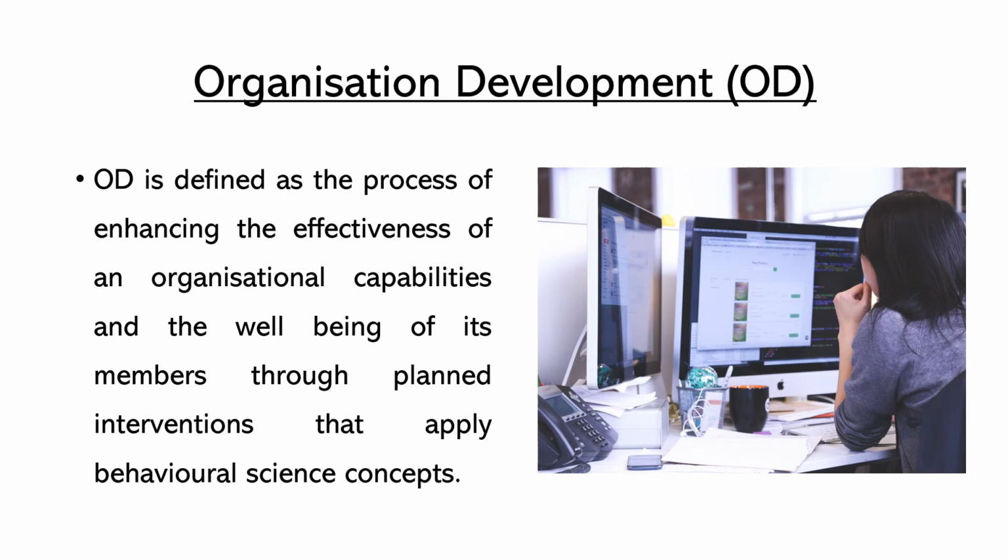Let's say some reporting procedures have been updated. People were reporting to their immediate supervisor. Suppose one more additional layer has been created, and employees have to report to that additional layer. That is organization structure. All these things become part of organization development.